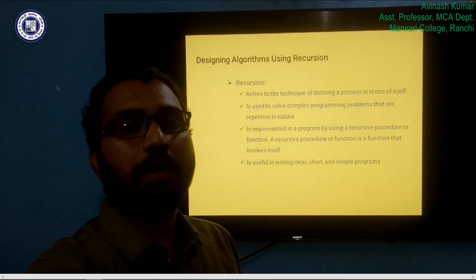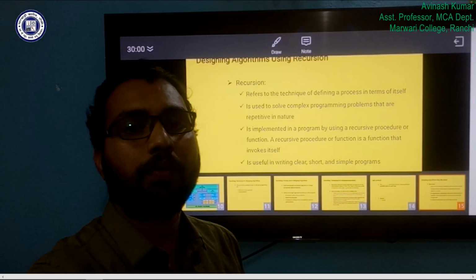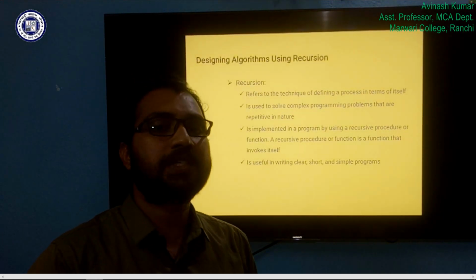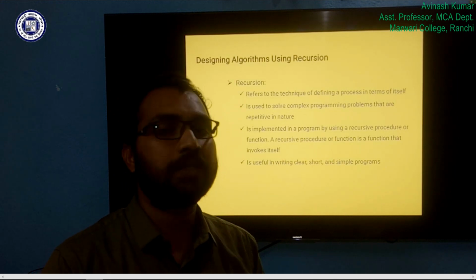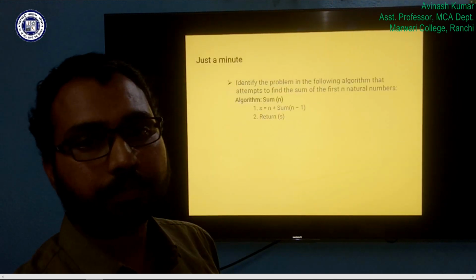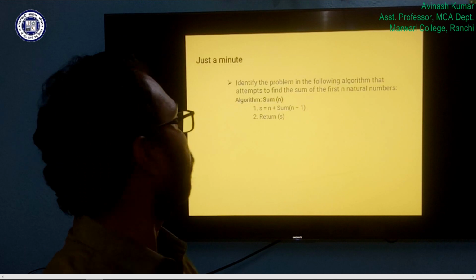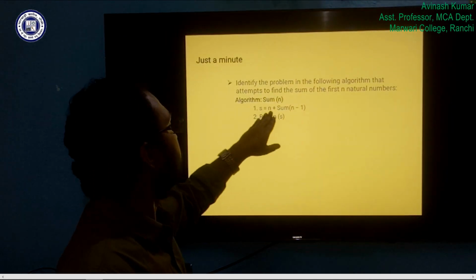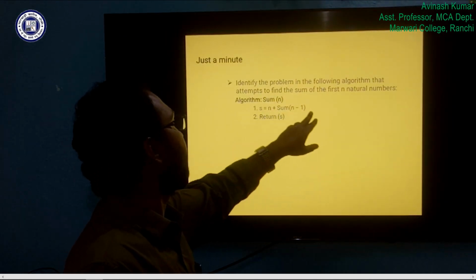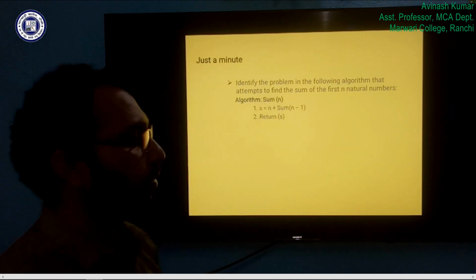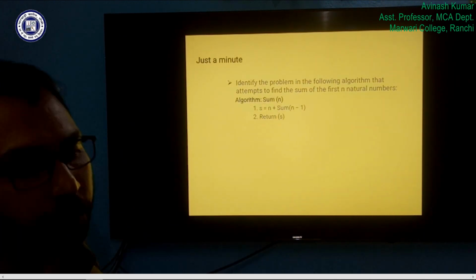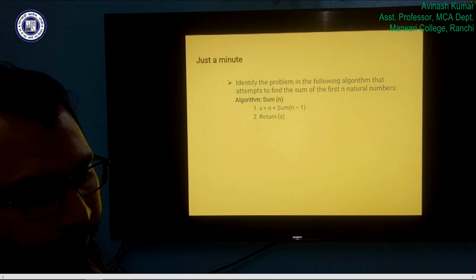So it is a common situation, recursion. We have studied in our programming also n into n minus 1 upon 2 like this. The same one, we have sum is equal to n plus sum of n minus 1, and then we are returning the sum. There is some issue in this solution. What is the issue? You just find out. I'll tell you.